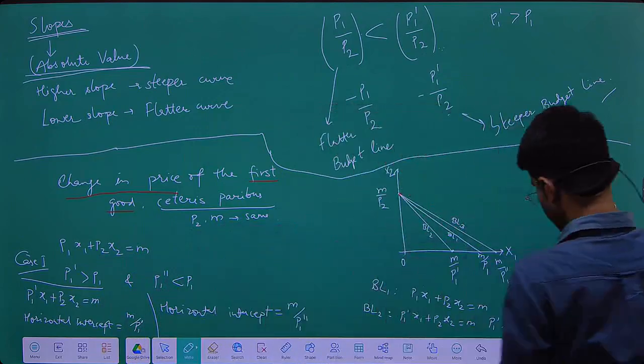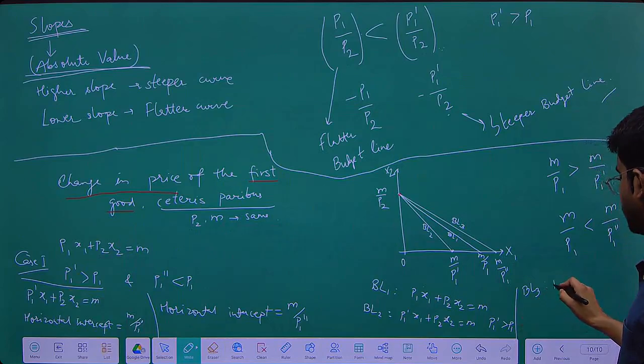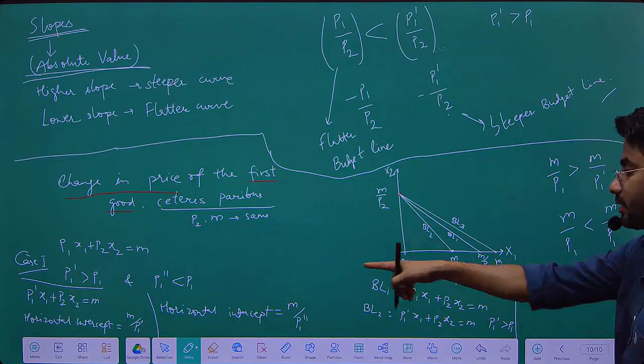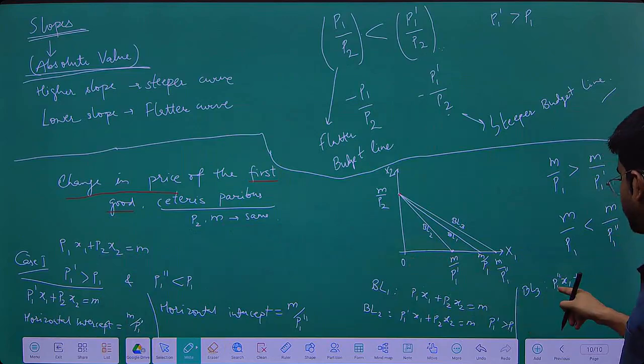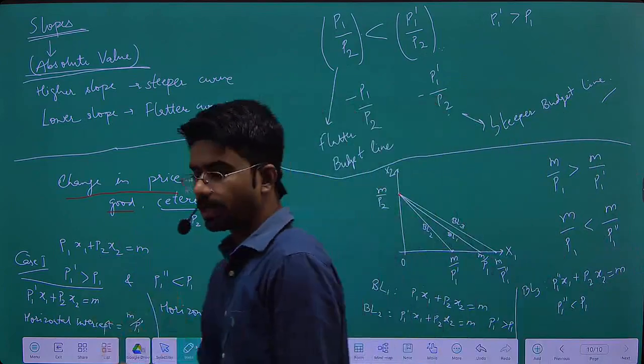And you have your BL3, that is budget line 3, where P1 is changed to P1 double dash, so P1 double dash x1 plus P2 x2 equal to M. In that case, you have P1 double dash less than P1. So this is what you have.